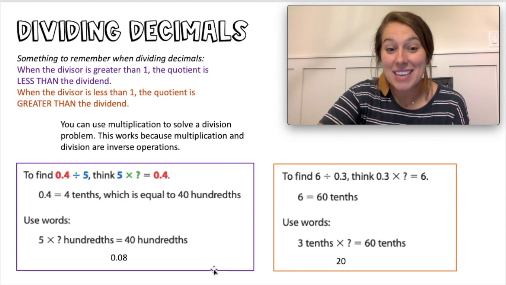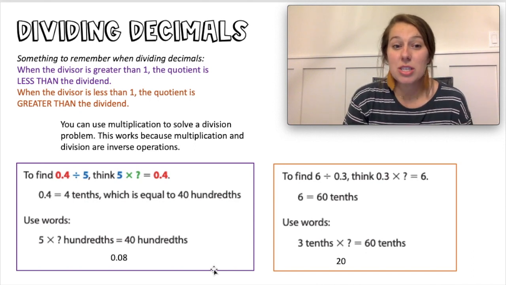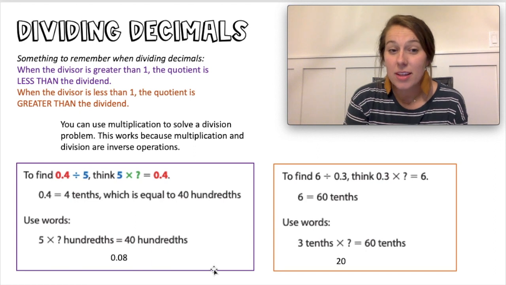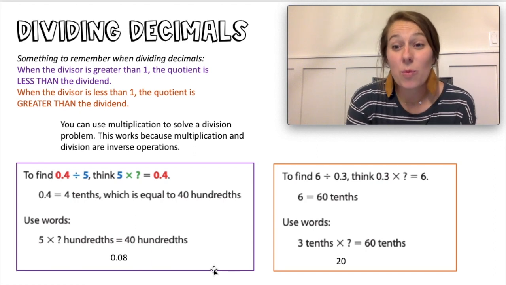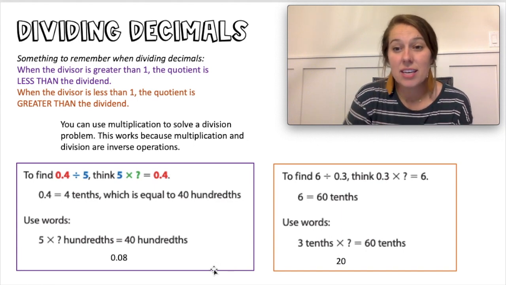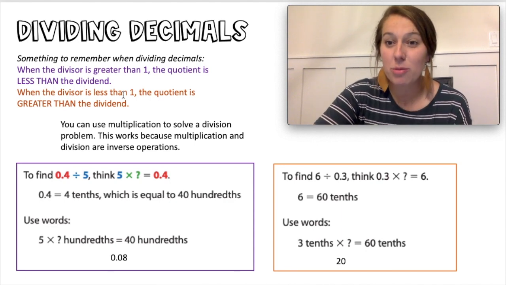So let's go to dividing decimals. When you are dividing decimals, there are some things to remember. When the divisor is greater than 1, the quotient is less than the dividend. Okay, so that's a lot of words, so it might be confusing, but we'll talk about it.